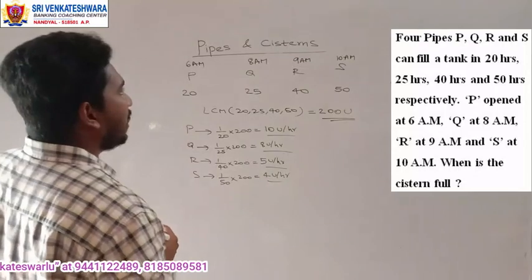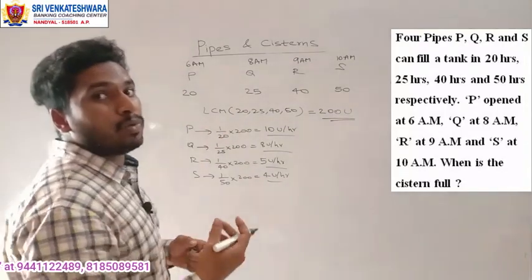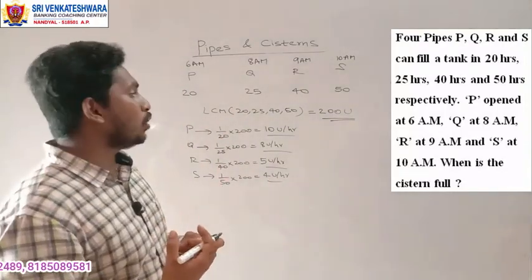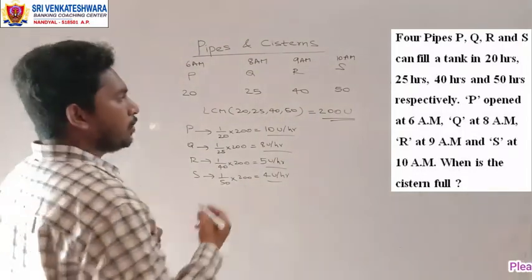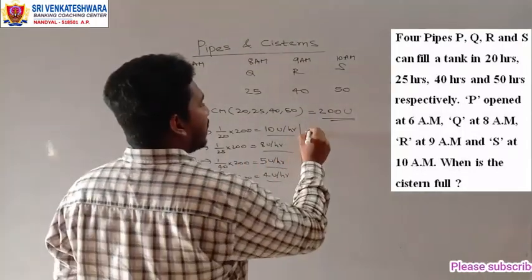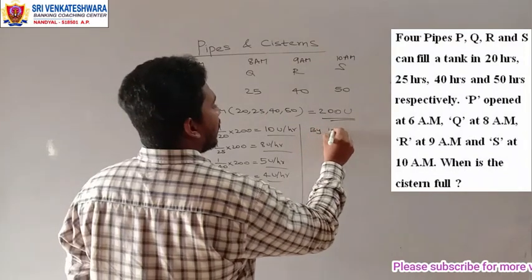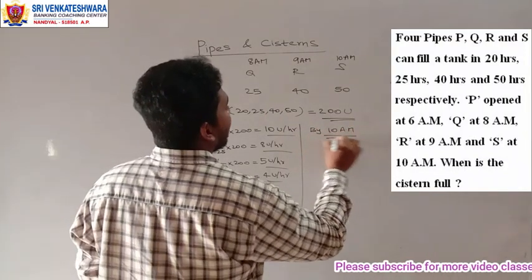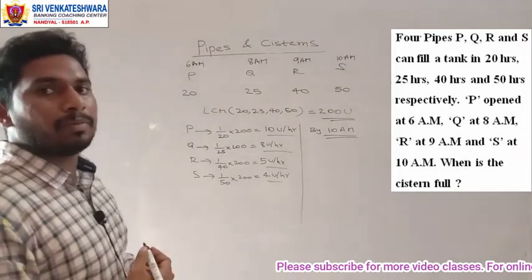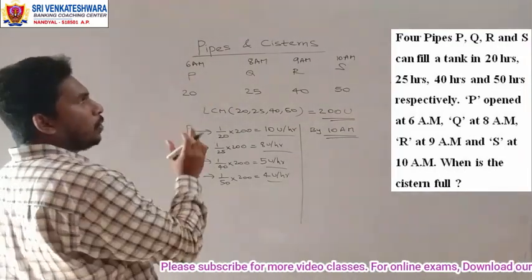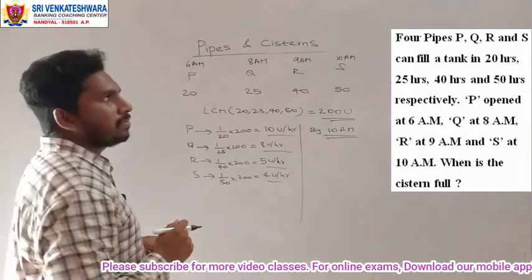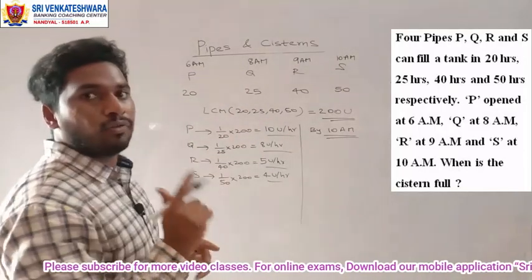Now let us see by 10 a.m. how much of the total volume, that is 200 units, will be filled. P is kept open from 6 a.m. to 10 a.m. So what is the time difference? 4 hours.